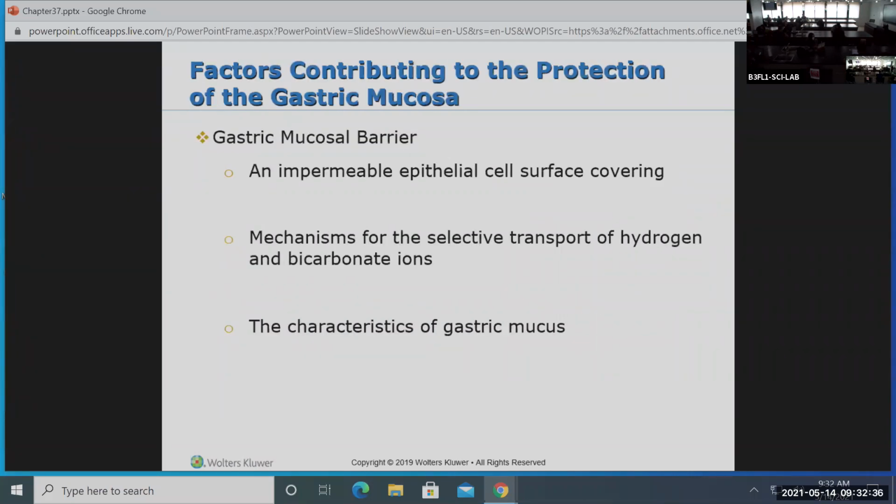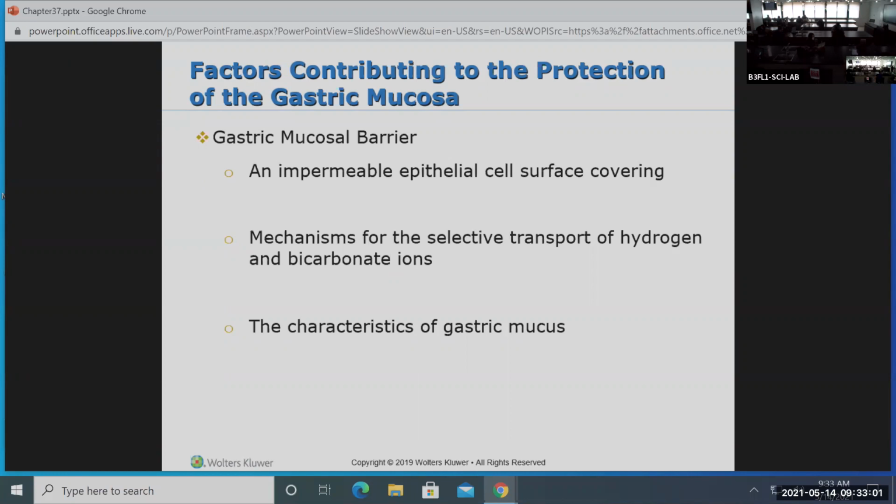Now, factors contributing to the protection of the gastric mucosa. Please remember, because stomach is the only organ which faces a highly acidic environment. We call hydrochloric acid. So stomach needs extra protection.